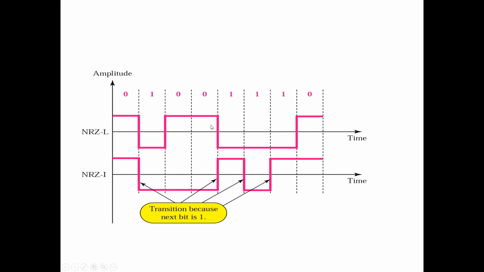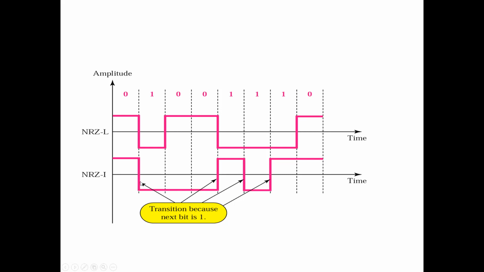NRZ-L simply goes straight, but in NRZI inversion, see how it transitions, because the next bit is 1, so it becomes 0. This is the regular non-return to zero level.